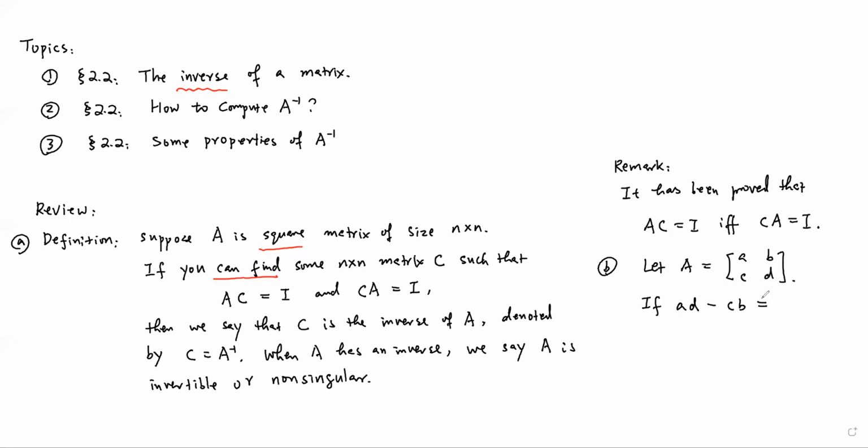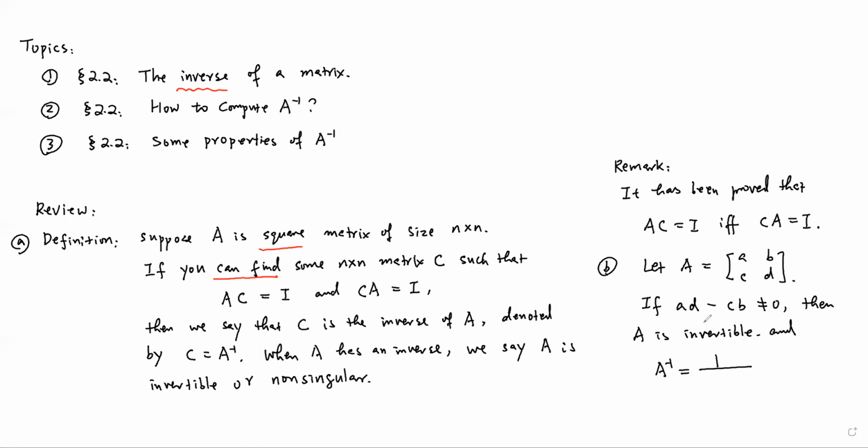If this number is non-zero, then this matrix A is invertible, and its inverse is given by this equation.